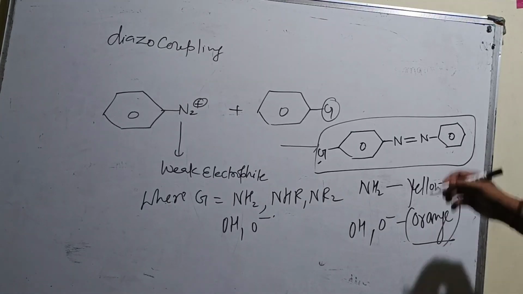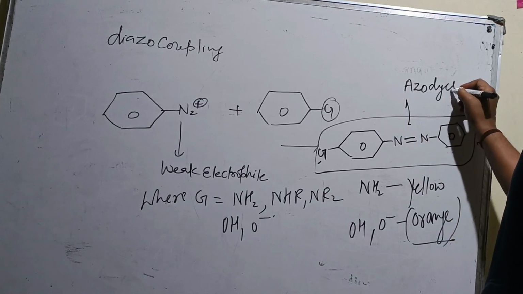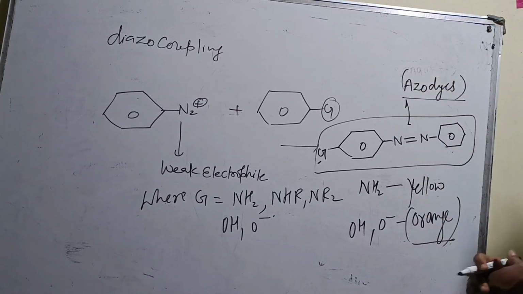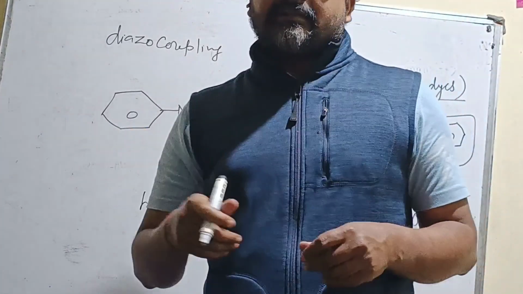This is known as an azo dye. So for now, these are the reactions which you can learn, and you can feel good about it in just 10 minutes. Thank you.